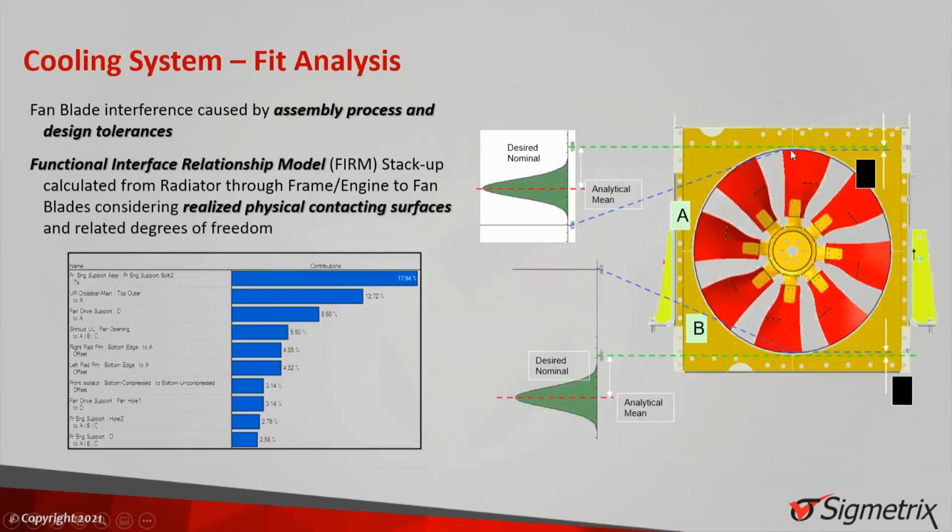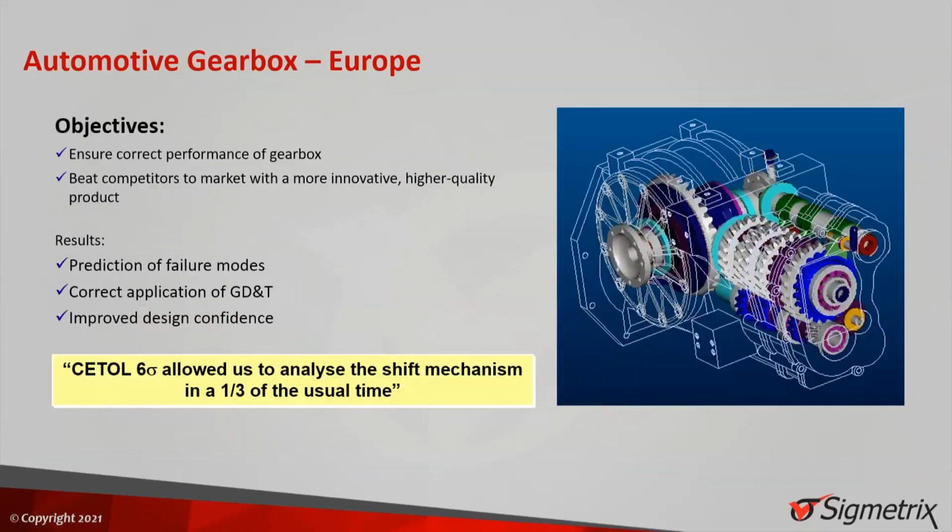And this is analyzing the clearance between the fan blade and the shroud, the housing. So you can measure in different directions, like vertical, horizontal. This is the gearbox. Okay. So the benefit is saved a lot of time.